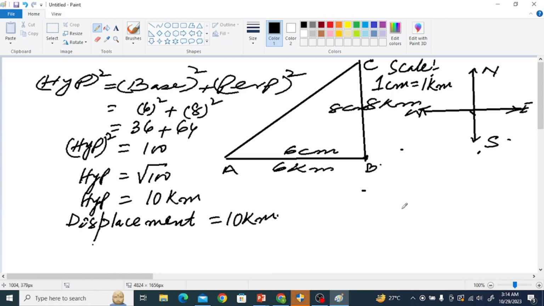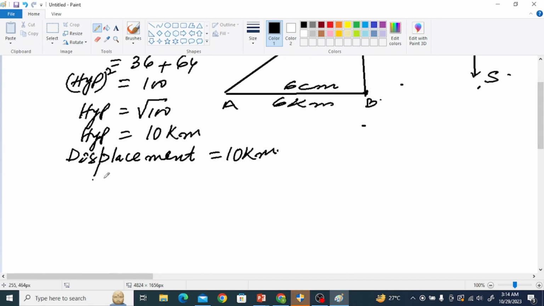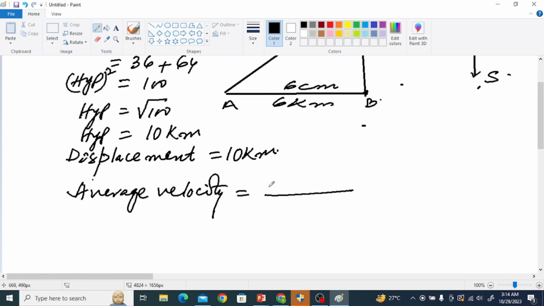Now to find the average velocity, we have to divide the total displacement by the total time taken. Total displacement divided by total time taken.